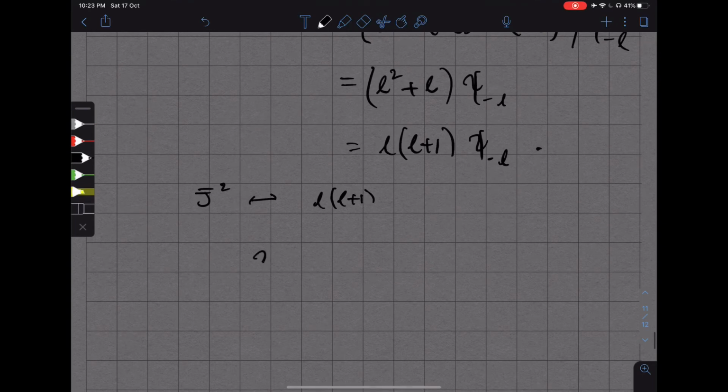So I can label my multiplet by the Jz eigenvalue and the J squared eigenvalue, but I can just use L. Of course, the J squared eigenvalue is L times L plus 1, but we don't need to write the whole thing. If you know L, we can figure out what L times L plus 1 is.